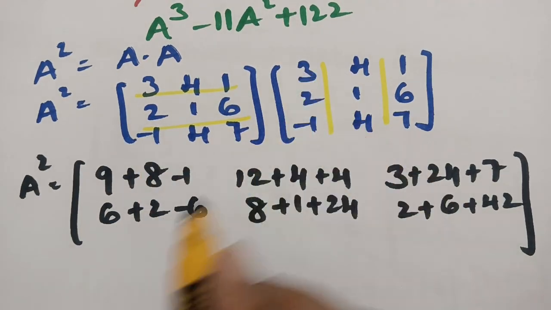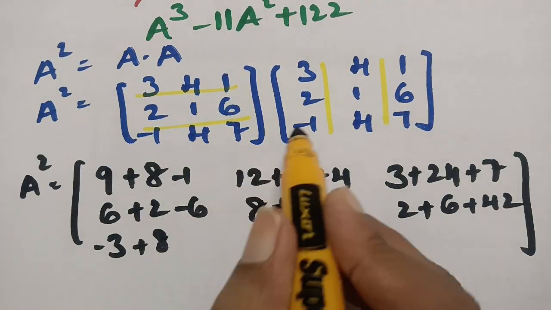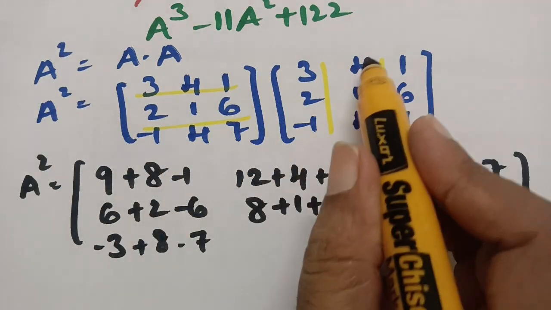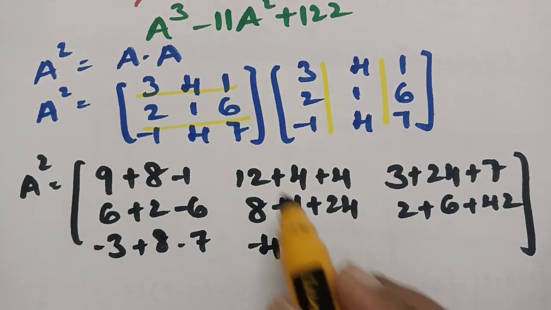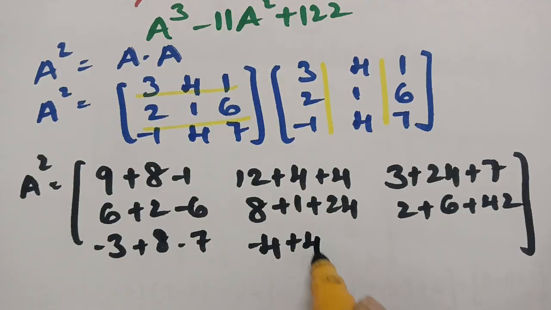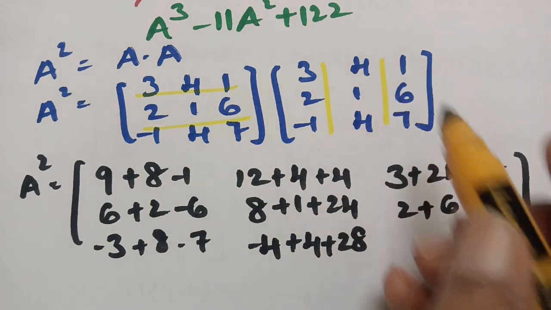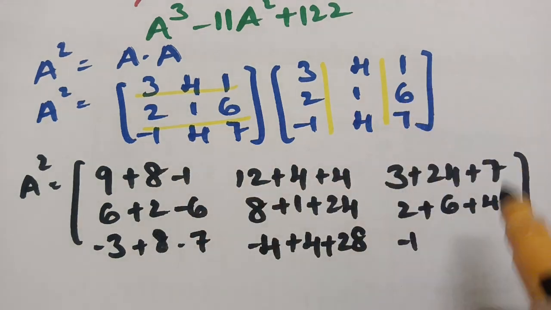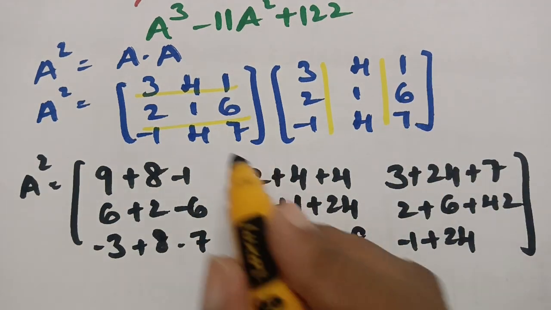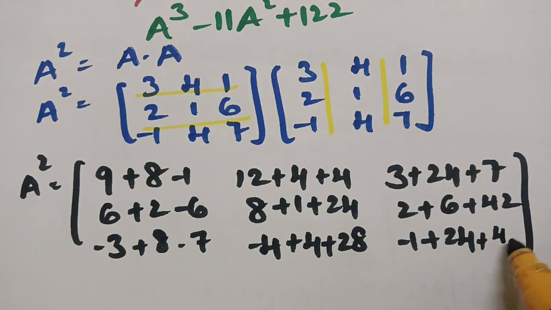And next one, if I multiply, this is minus 3 plus 8 and this value is minus 7. Clear? So this value is minus 4 and this is plus 4 and this value is plus 28. And if I multiply minus 1, this value is 24 and this value is 49.